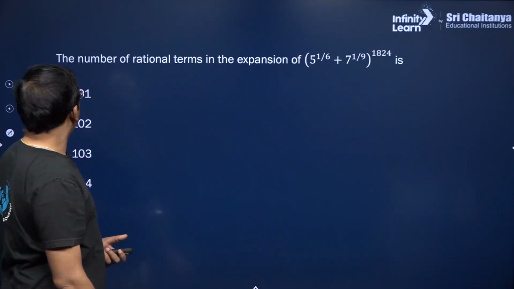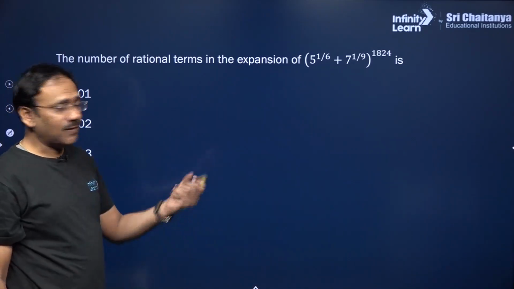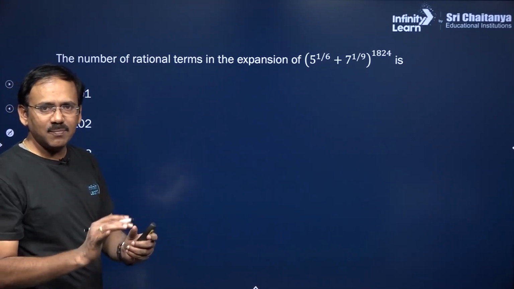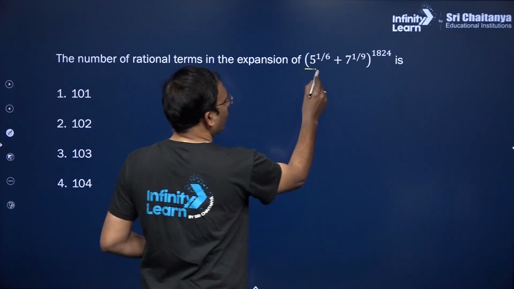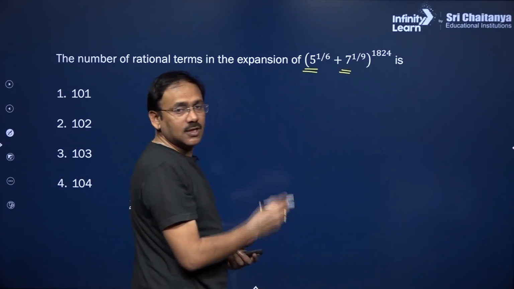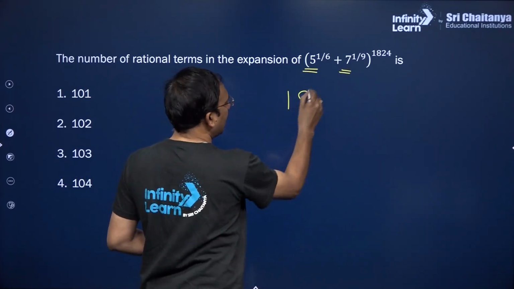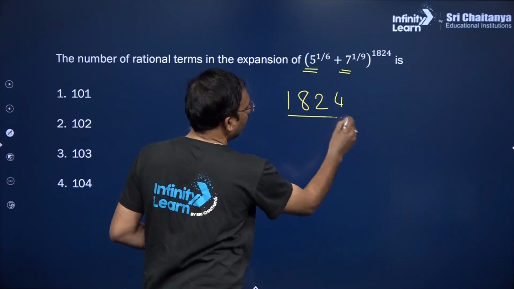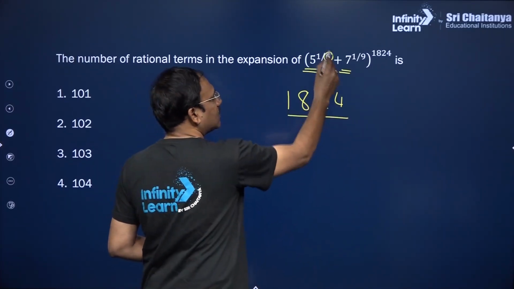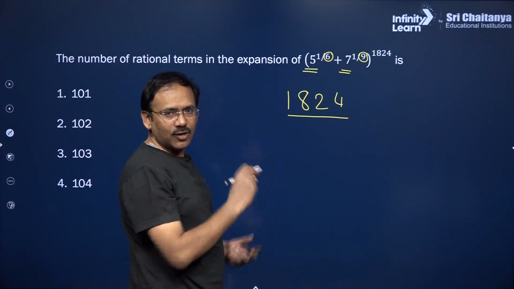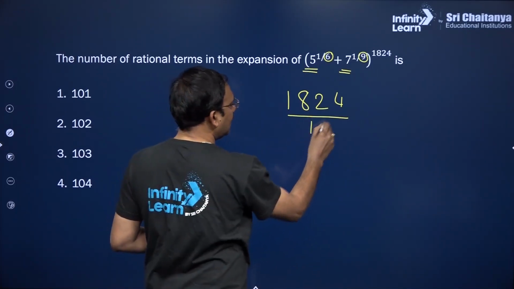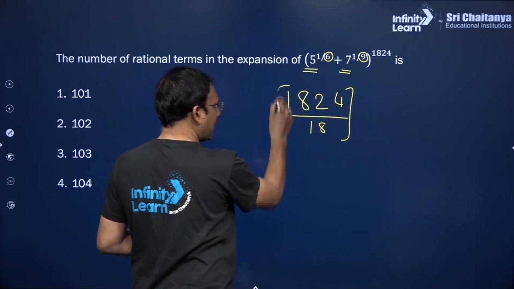Okay, next, you see the number of rational terms of this binomial expansion. There is a simple shortcut my dear friends, confirm both the bases are prime numbers. Now you just divide 1824 by the LCM of 6 and 9, which is 18, right, step.